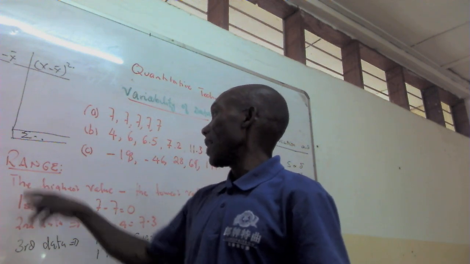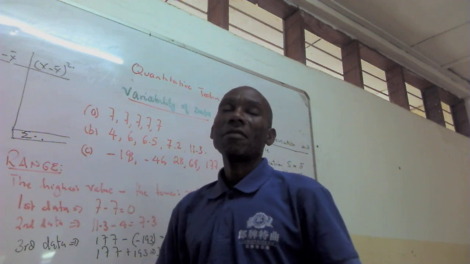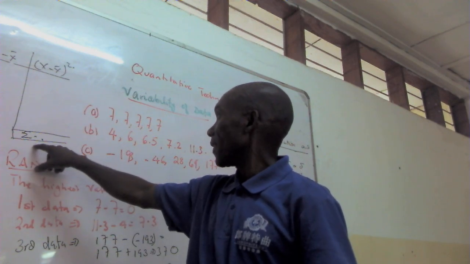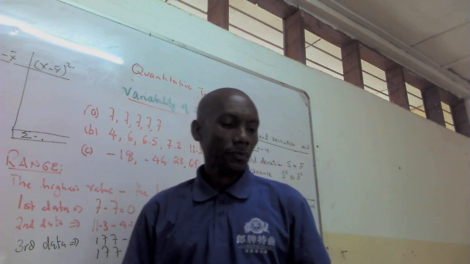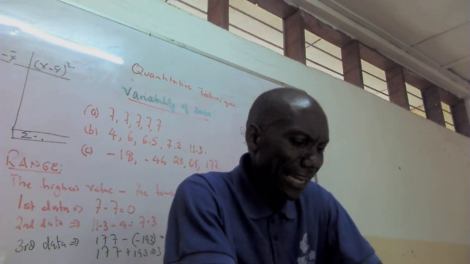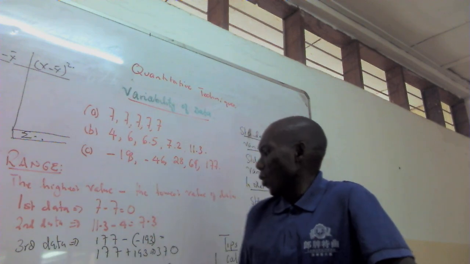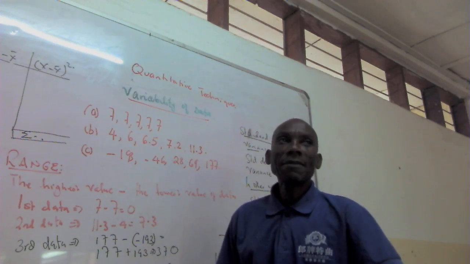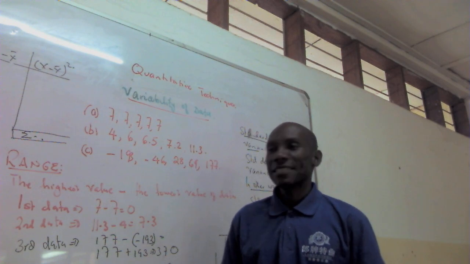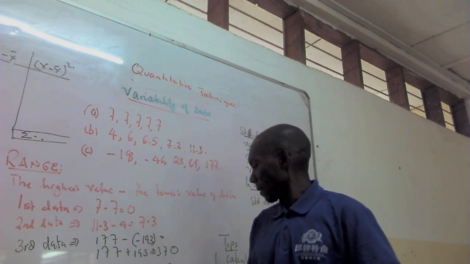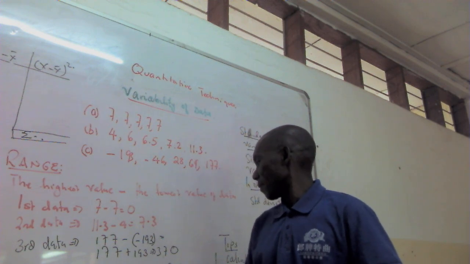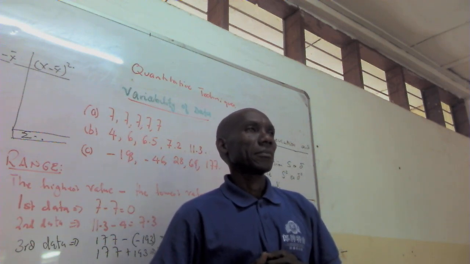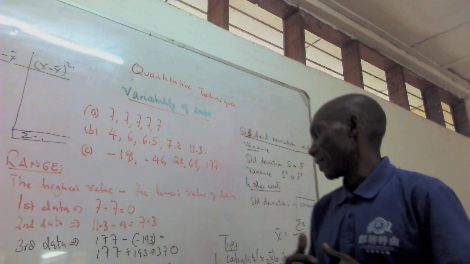The answer you have obtained here, after you have summed everything, you divide by how many numbers there are, here 5. The answer you get, the moment you add and you divide by n, that is what is called variance. This is what is called variance.